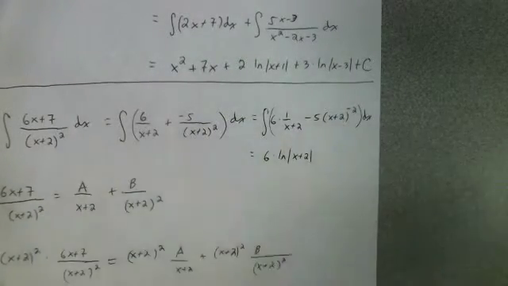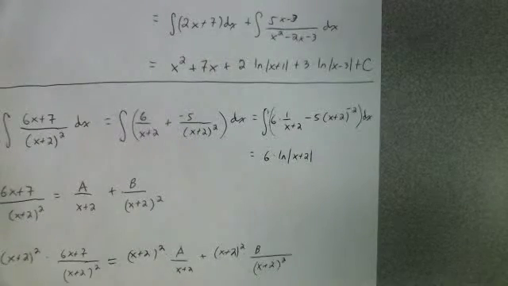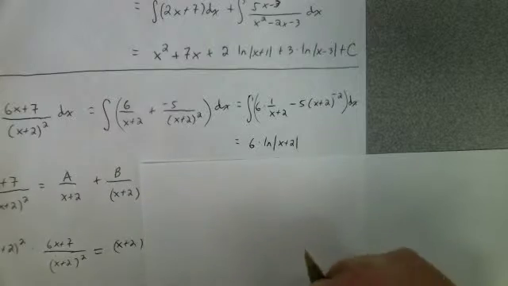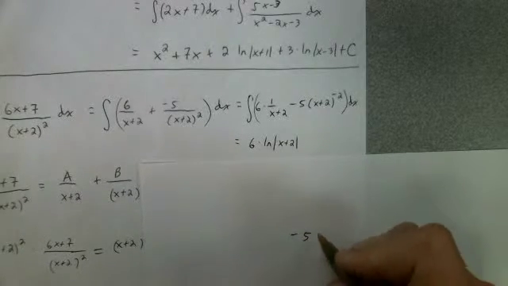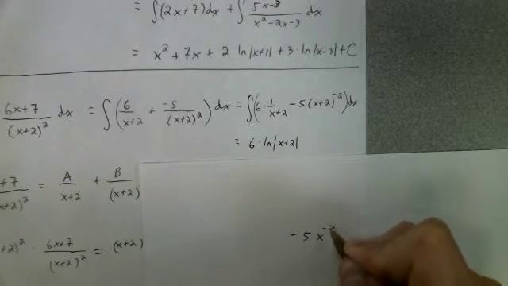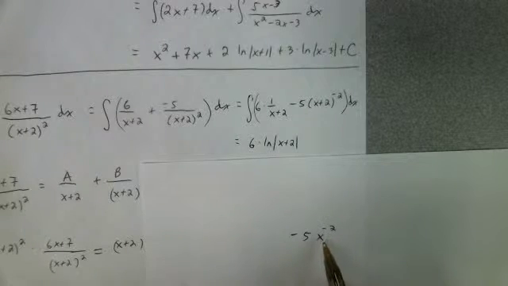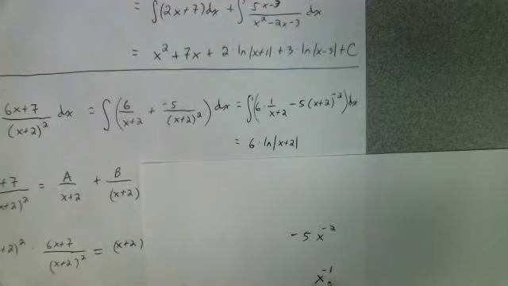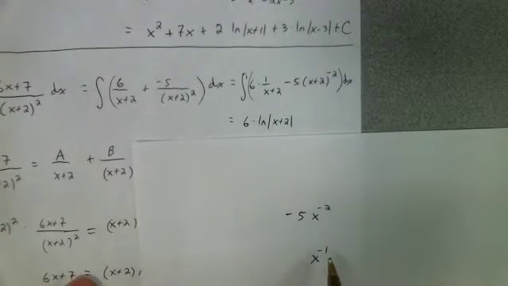Now here, we got to undo the power rule. So if you had to find an antiderivative of, say, just plain old negative 5 times x to the negative 2, well, what you do is you'd say, okay, I must have started a power higher. So you must start with negative 1. And so you can say, okay, if I take the derivative of x to the negative 1, I get negative 1 x to the negative 2.